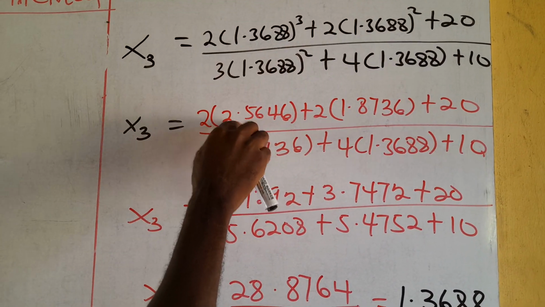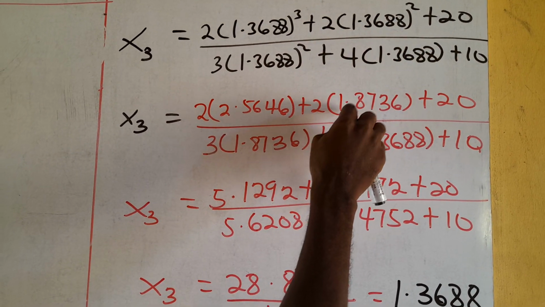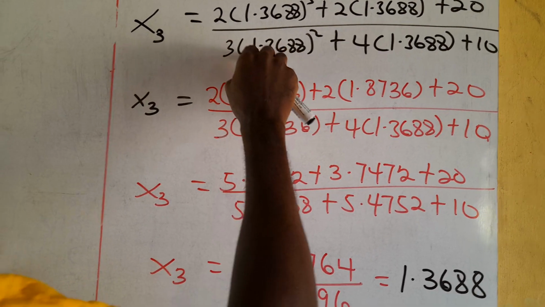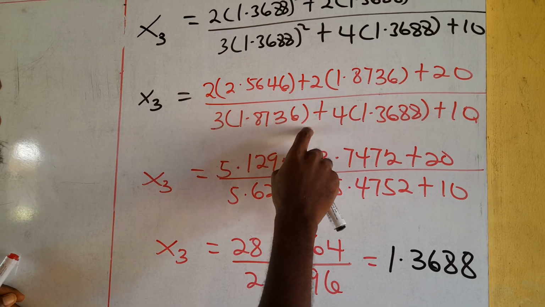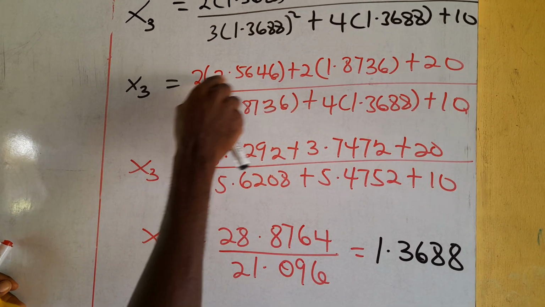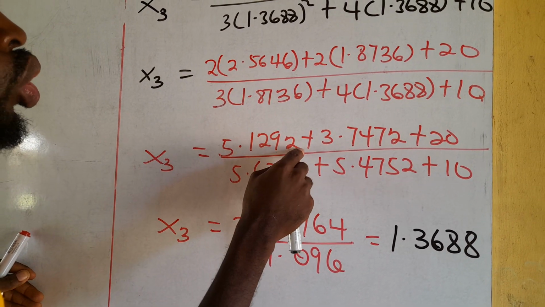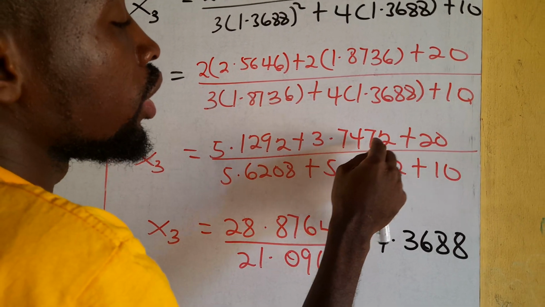1.3688 cubed will give us 2.5646, and 1.3688 squared will give us 1.8736, then plus our 20. Remember, 1.3688 squared will give us 1.8736 again, then plus 4 times that, then plus 10. When 2 multiplied by 2.5646, we get 5.1292. When 2 multiplied by 1.8736, we get 3.7472.